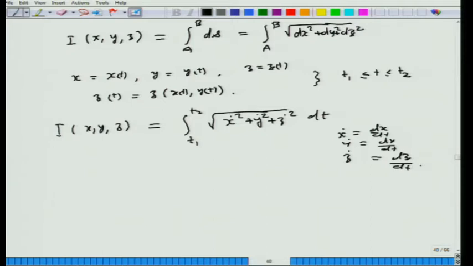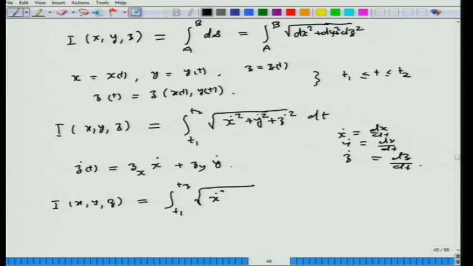More generally, we can have the following situation: z dot of t will be z x x dot plus z y y dot, and so I of x, y, z will be given by the integral from t1 to t2 of square root of x dot square plus y dot square plus (z x x dot plus z y y dot) square dt.